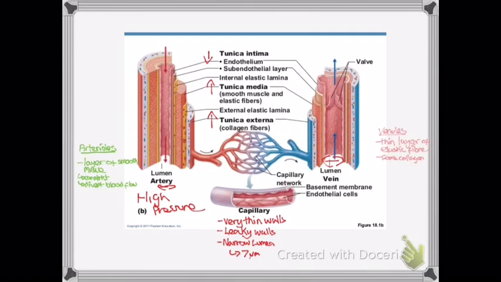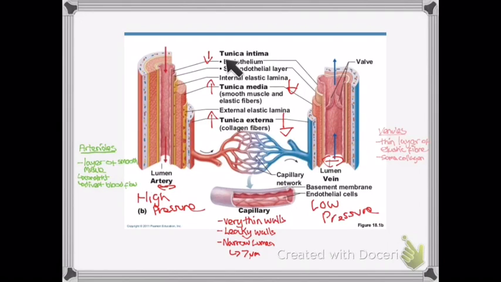So let's draw our arrows here. Already we can see a difference. Our veins are the opposite. They've got a thin tunica externa and a thin tunica media because they've got a low pressure, which I'll also write here. Low pressure.